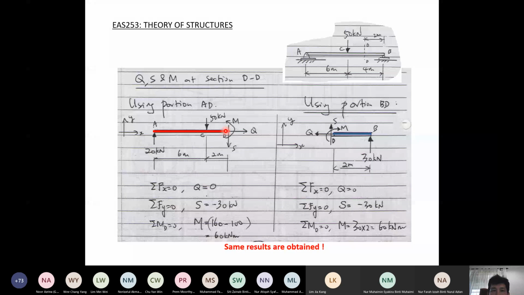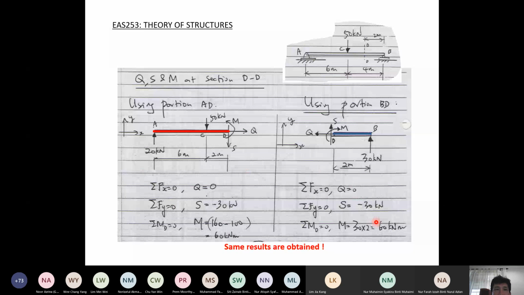M is pointing like this, counterclockwise. Here is rotating clockwise. So how we indicate the positive direction that we assume first in the process of getting the internal forces is very important to make sure that the same set of results is obtained. If you do not follow this, then you might get S here positive, here S negative, which is not correct.